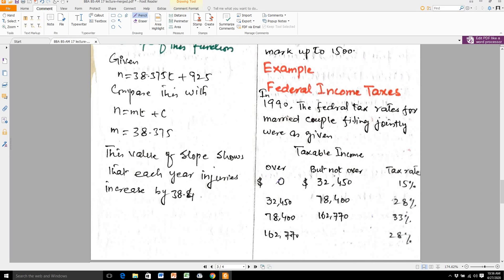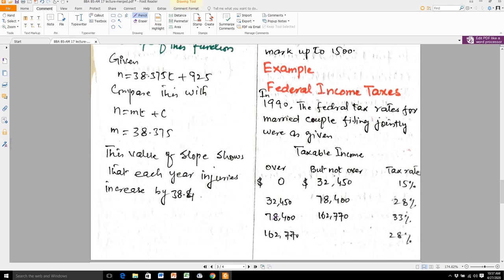Here you see $0 but not over 32,450. The tax rate on this range is 15%. When the amount is over 32,450 but not over 78,400, the tax rate imposed on this is 28%.